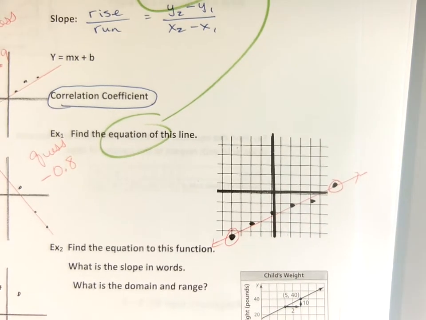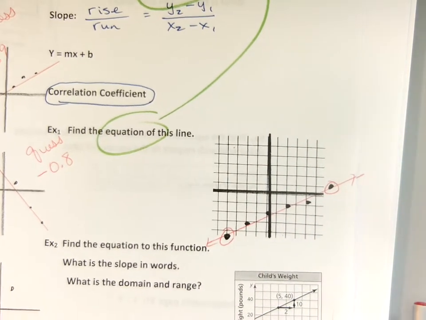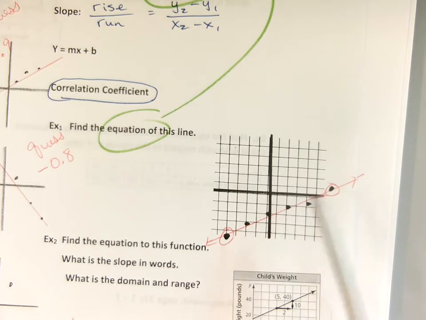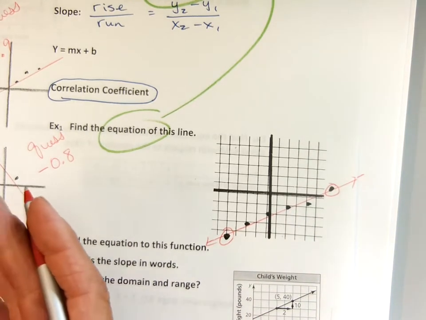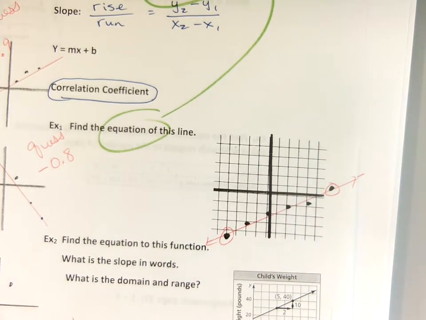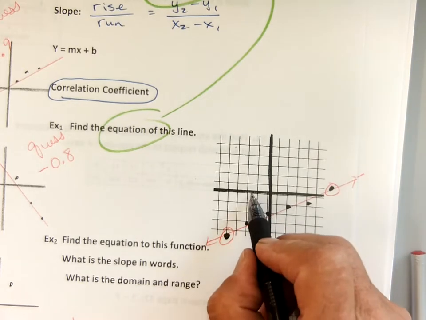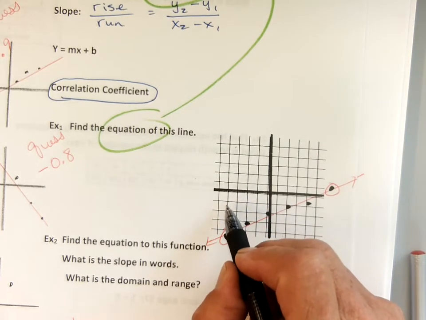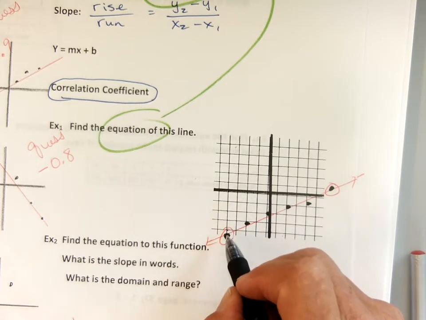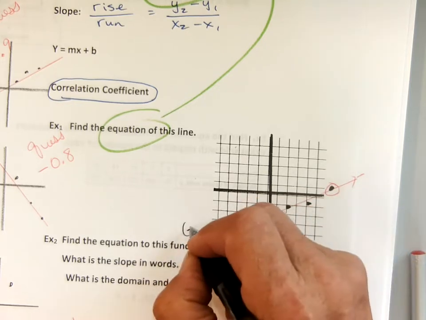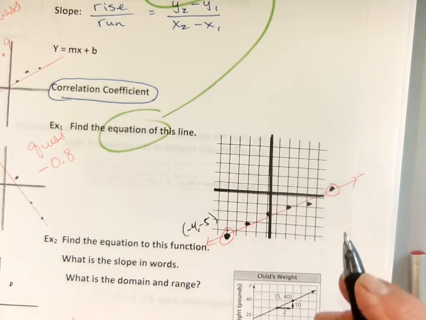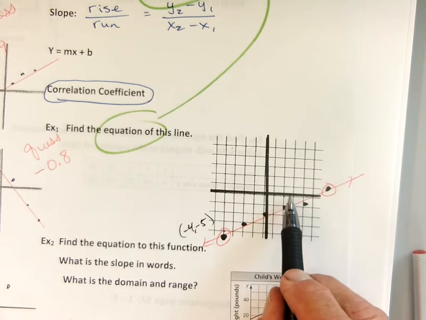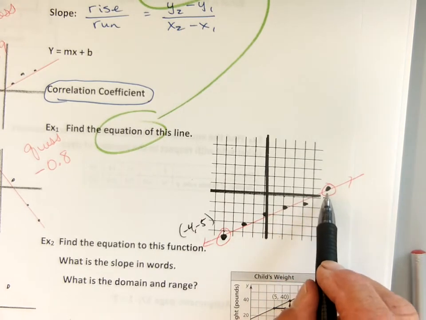You can pick any other points, but I just like those 2 points. So this point looks like it's about 1, 2, 3, 4, 1, 2, 3, 4, 5. So I've got maybe a negative 4, negative 5, right? 1, 2, 3, 4, 5, 6, 1.